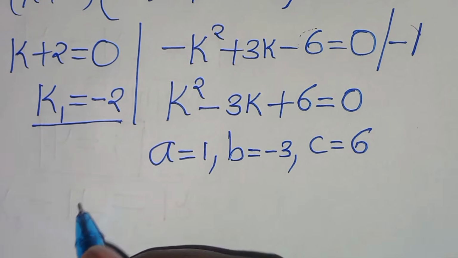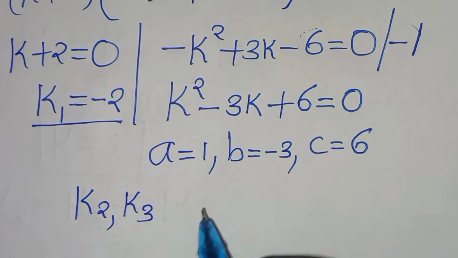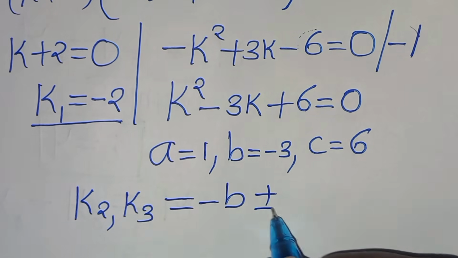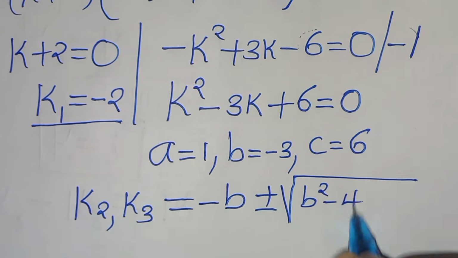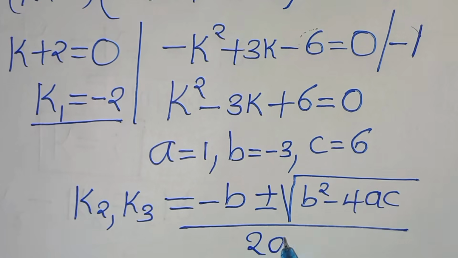Now, we can solve for k2, k3, which we can apply the quadratic formula here, which is minus b plus or minus a square root of b squared minus 4ac, everything here divided by 2 times a.